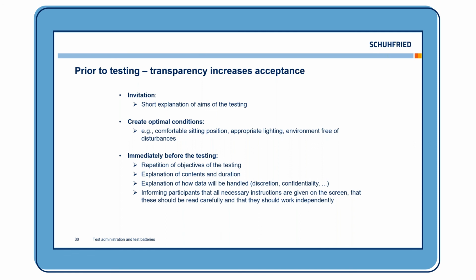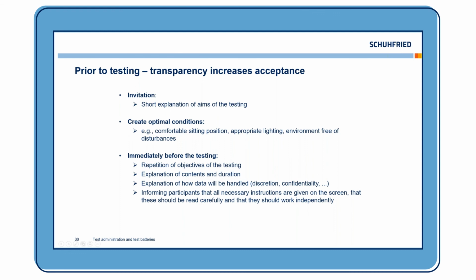Furthermore, you should try to create optimal conditions, for example, allowing a comfortable sitting position, appropriate lighting, and very important, an environment free of disturbances. And immediately before the testing, we recommend to repeat the objectives of the testing again, also explain the contents and duration of the testing.